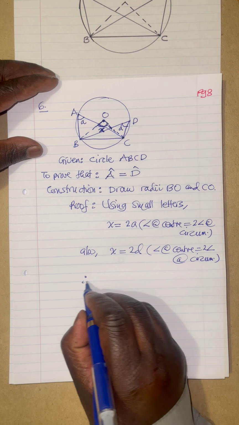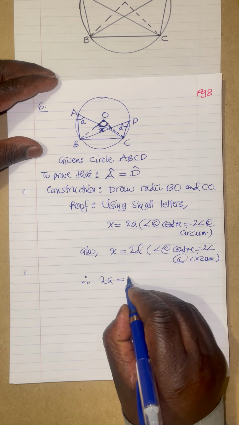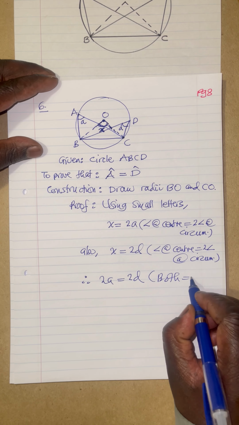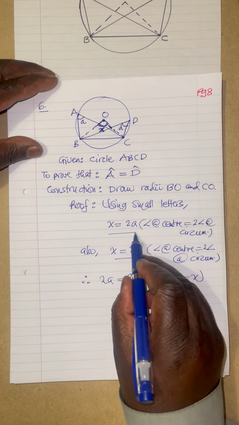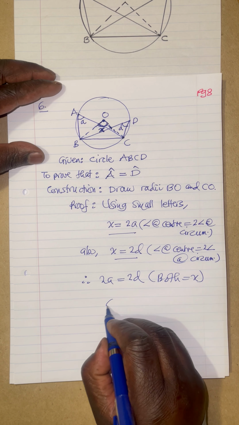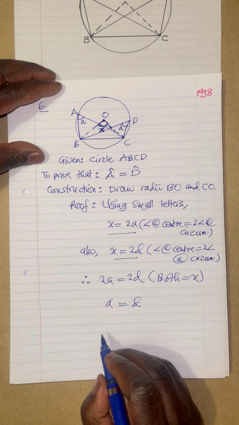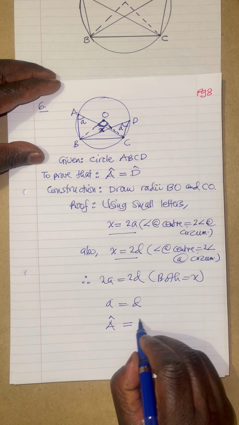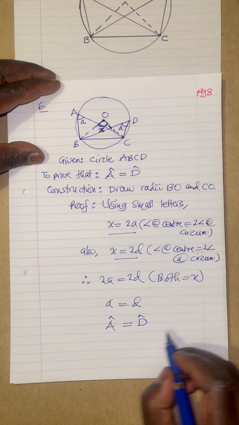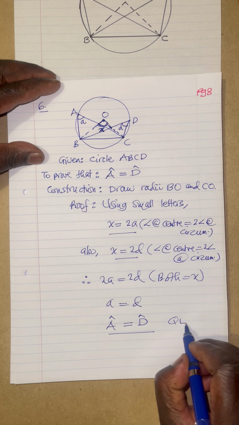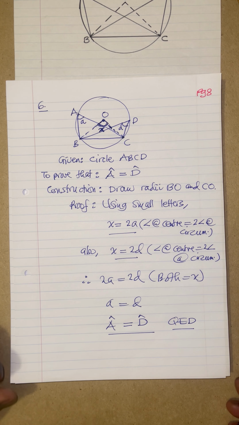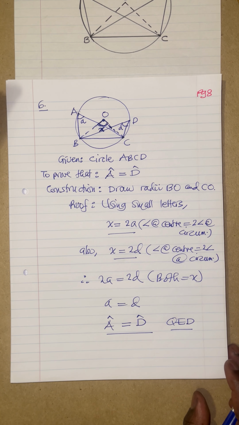And then I'm going to say, therefore, 2A equals 2D because they are both equal to x, as you can see here and there. Cancelling the 2's, A equals D. But what is A? Well, A is angle capital A. What is D? It is angle capital D, as required. Quod erat demonstrandum. End of proof for theorem number 6.